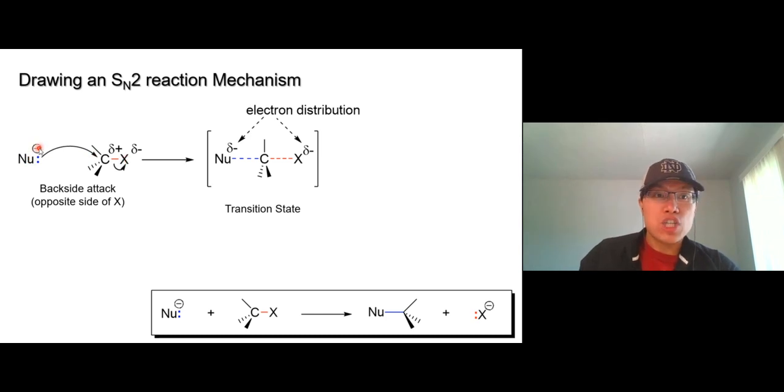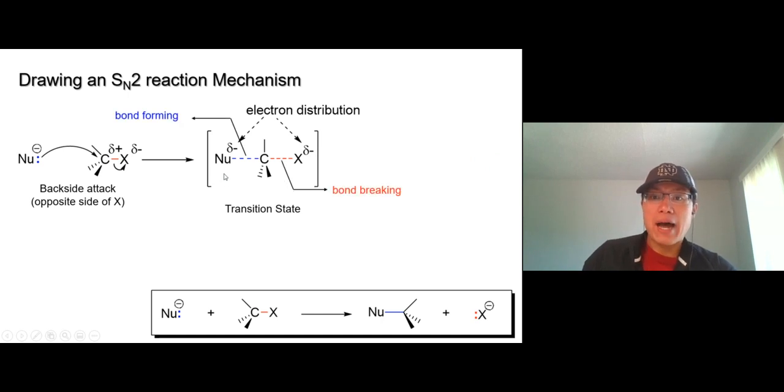From the full charge, the nucleophile becomes a partial charge, because the charge is being distributed to carbon and X, and at the end, X is going to have the full charge when it comes out. So bond forming on the left side, bond breaking on the right side, and X comes out.